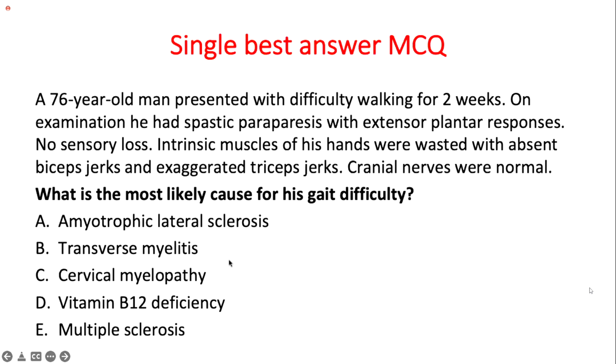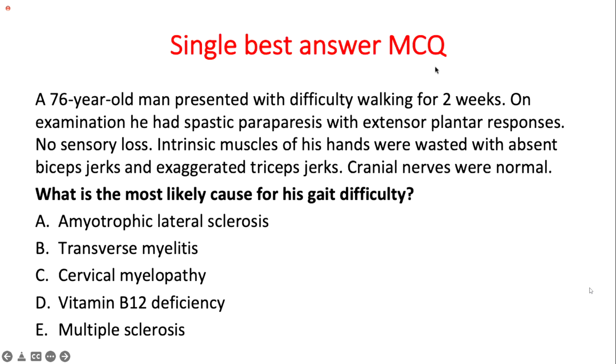Okay, right. So now how do you differentiate? In both amyotrophic lateral sclerosis and cervical myelopathy, you get this identical picture. Now it's a bit unfair, because still you can work it out: amyotrophic lateral sclerosis is not an acute problem. It won't occur over 2 weeks.